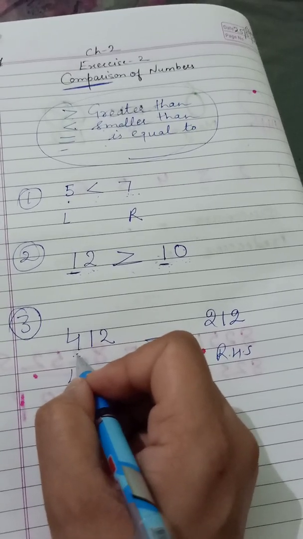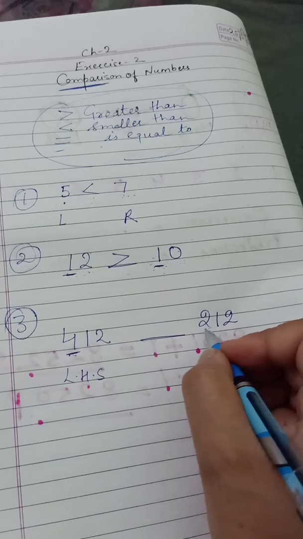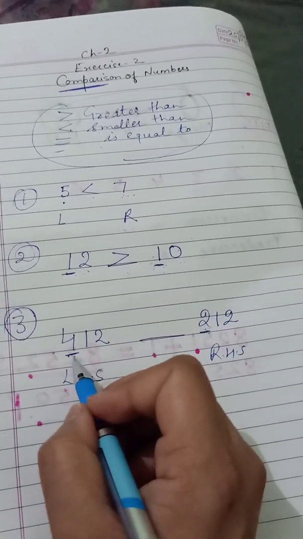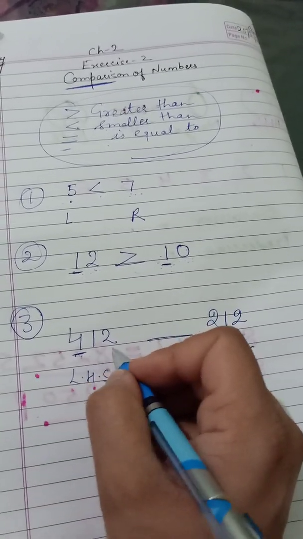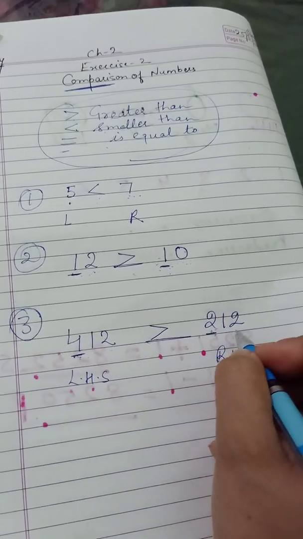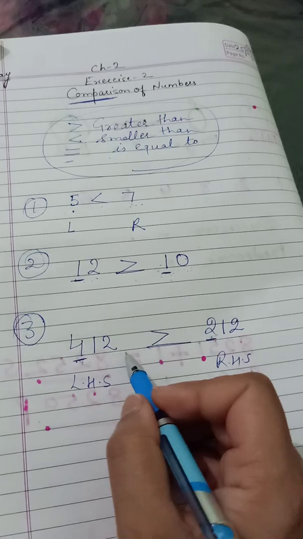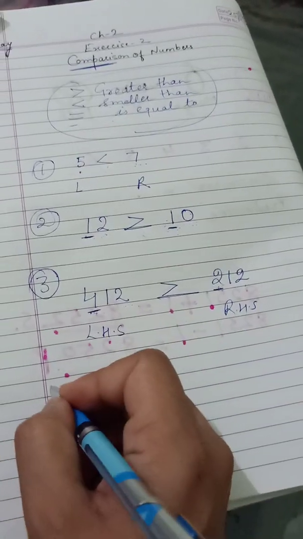The leftmost digit of 412 is 4, and the leftmost digit of 212 is 2. Now compare 4 and 2. Obviously 4 is greater than 2. So automatically 412 is greater than 212.